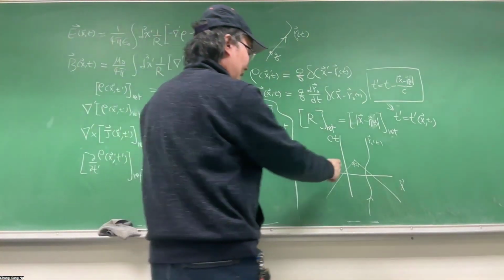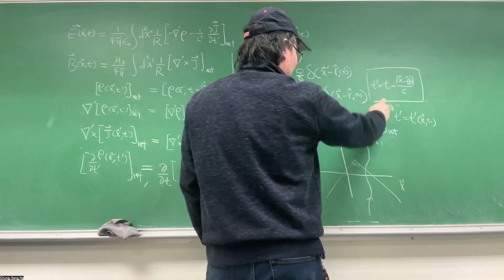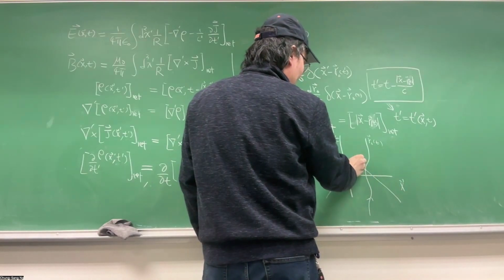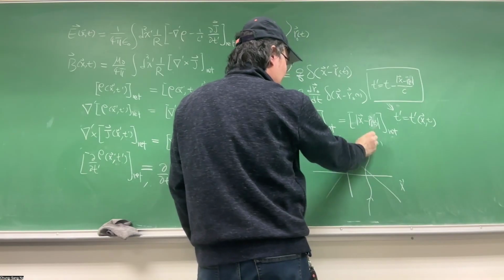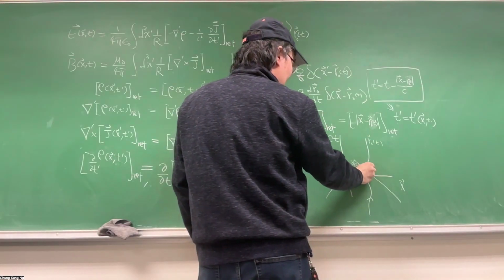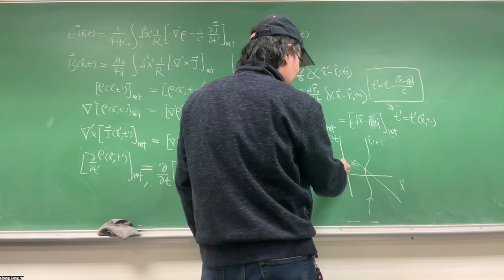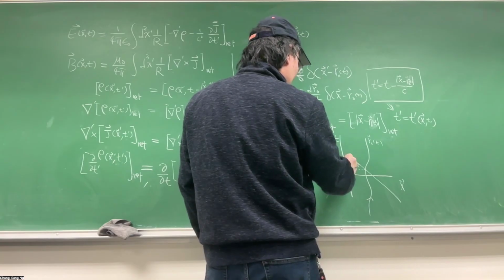This equation means that, given a t prime and x prime here, this light cone intersects this trajectory at this point. This is what you call the t_r, or in this case, c t_r.